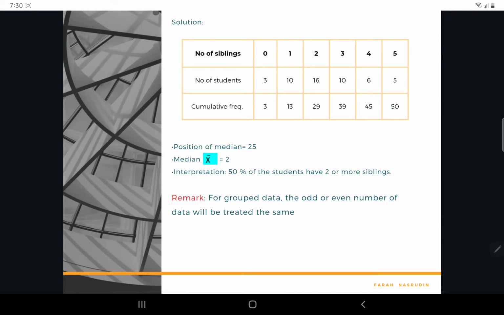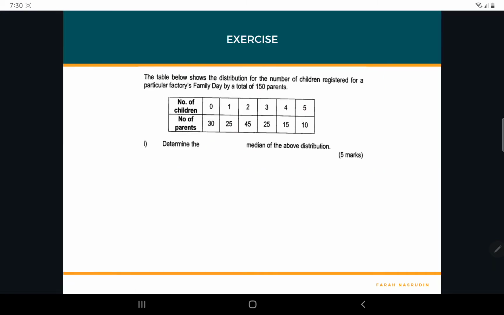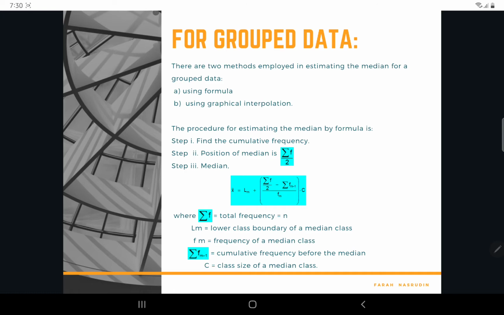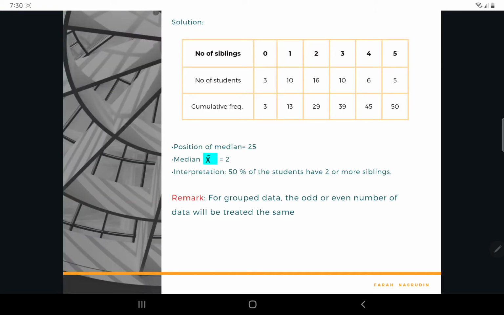First we need to find the position of the median using the formula from before. The position of the median is (n plus 1) divided by 2, where our n here is 50 because we have a total of 50 students altogether.